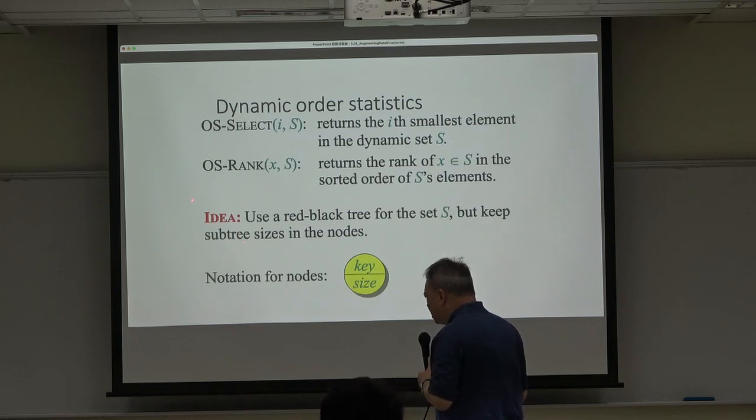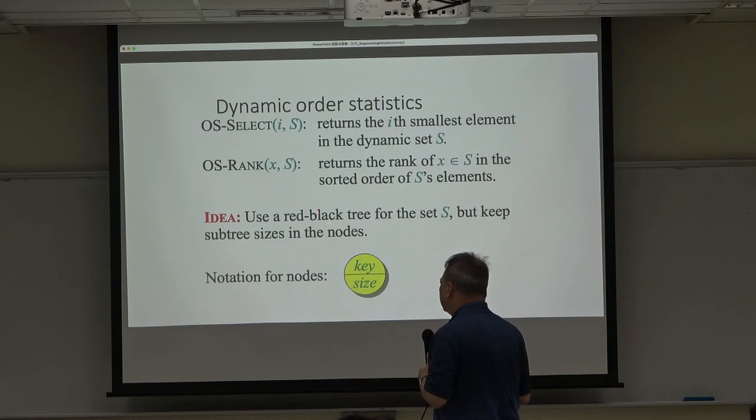To be specific, we could use a red-black tree, not just a plain binary search tree, for set S, but keep a subtree size in the nodes. First, why do we use a red-black tree?